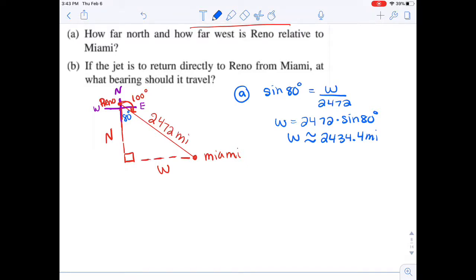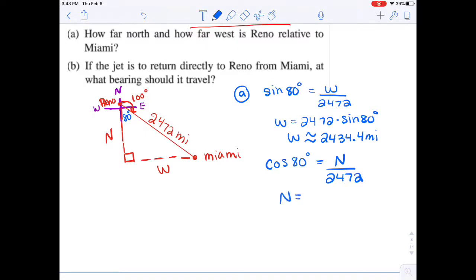The other one is how far north. If you look at the angle that we found, 80 degrees, and we're looking for north, north is adjacent to that, and the 2,472 is the hypotenuse. So this would be cosine, because I have adjacent over hypotenuse. Cosine 80 degrees equals north over 2,472.